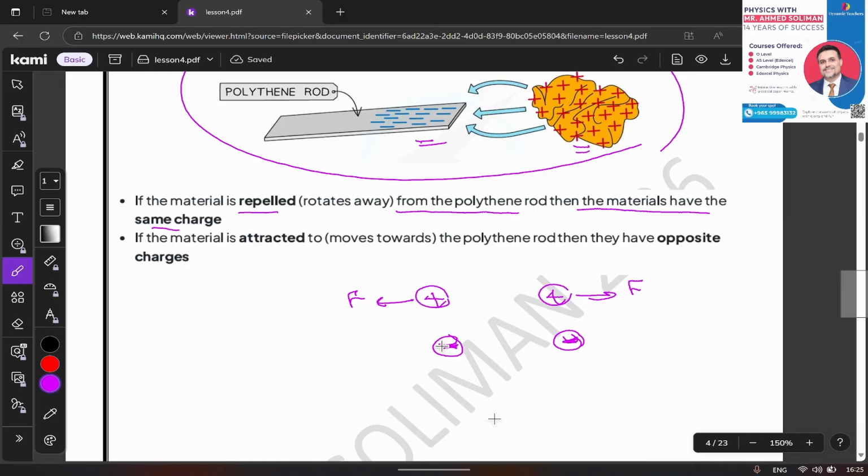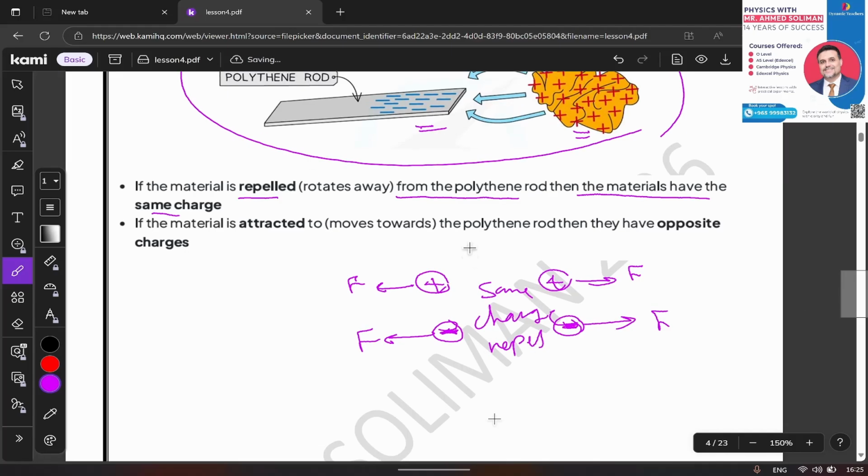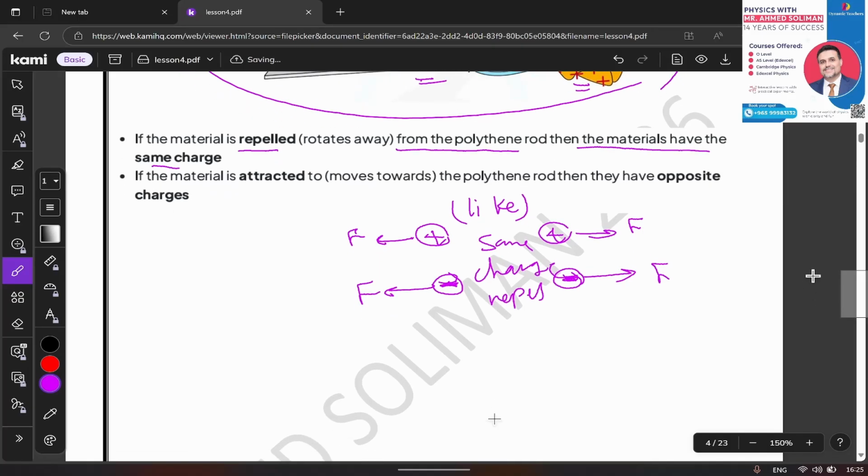Attract. Negative and negative, Bara. Attract or repel? It will repel, Bara, because same charge repel. Okay? Like charges repel, Bara.